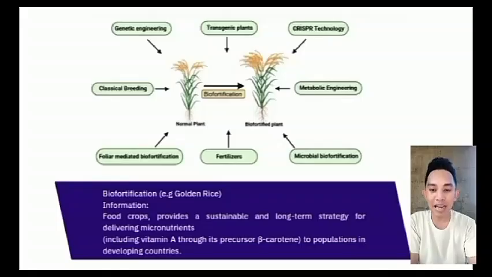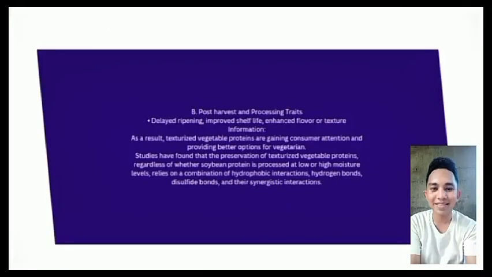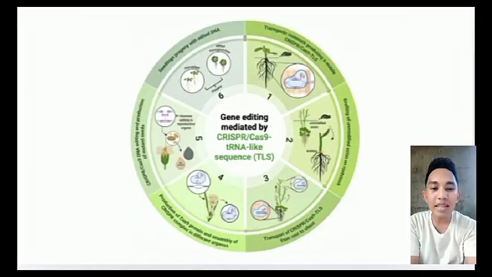Biofortification, golden rice: food crops provide a sustainable long-term strategy for delivering micronutrients, including vitamin A, its precursor beta-carotene, to populations in developing countries.